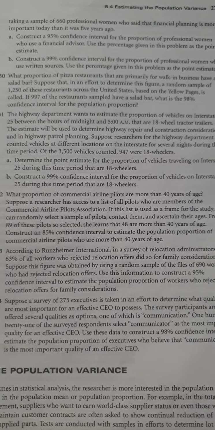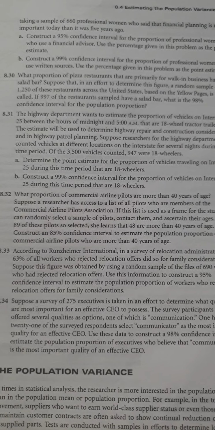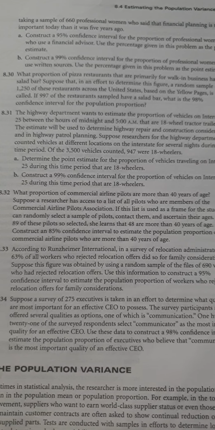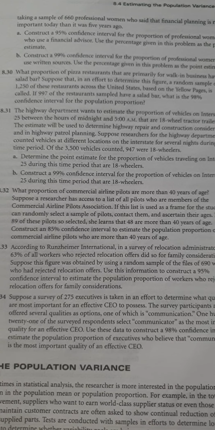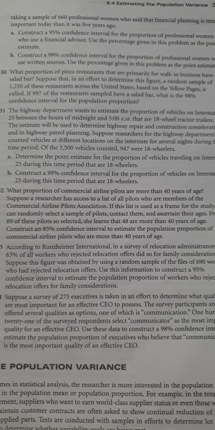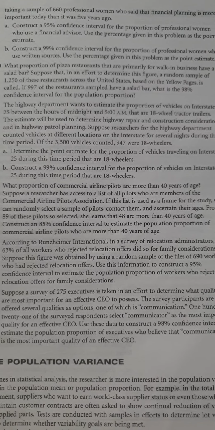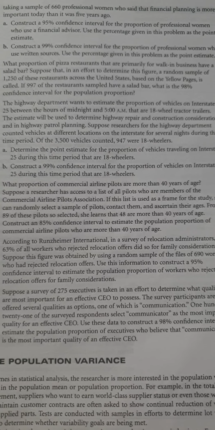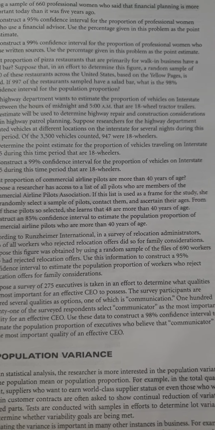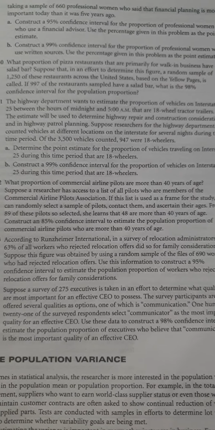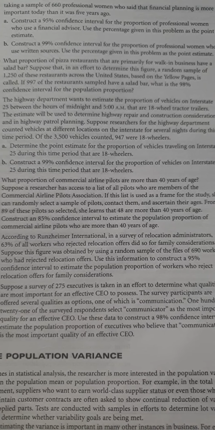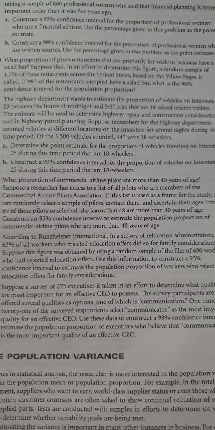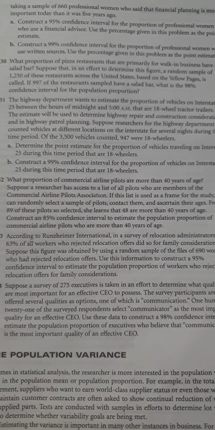Now sum number 8.30. What proportion of pizza restaurants that are primarily for walk-in business have a salad bar? Suppose that in an effort to determine this figure, a random sample of 1250 of these restaurants across the United States based on the yellow pages is called. If 997 of the restaurants sampled have a salad bar, what is the 98% confidence interval for the population proportion?